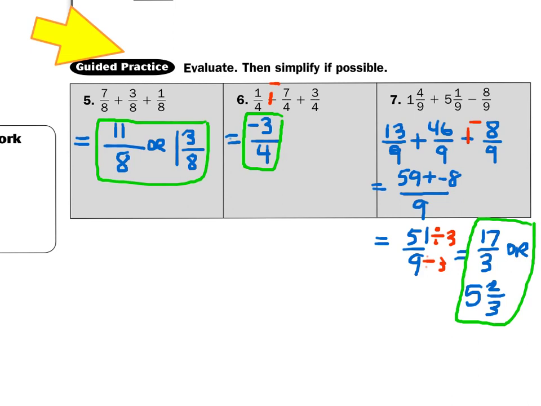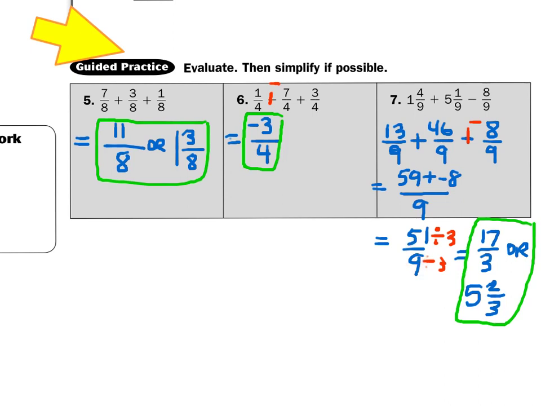So now I have, since all of the denominators are 9, they all match, I copy the 9, and then I add the numerators. Well, 13 plus 46 gives me 59, and then I just bring down the plus negative 8. 59 plus negative 8 is 51, so I have 51 over 9.